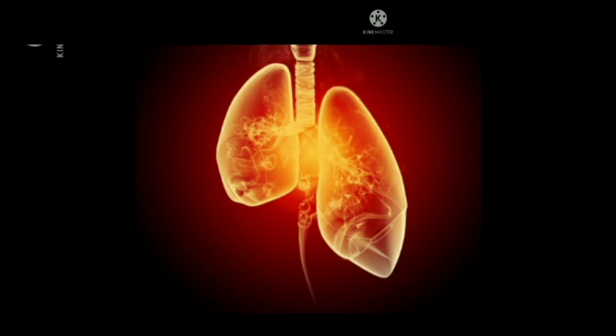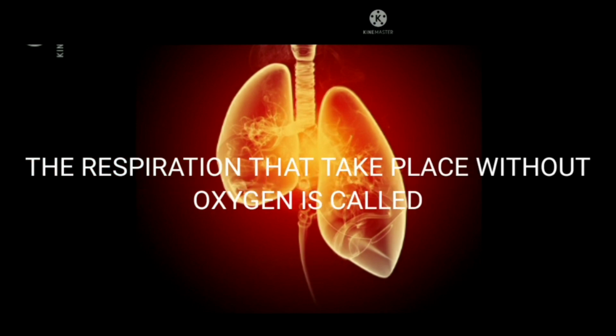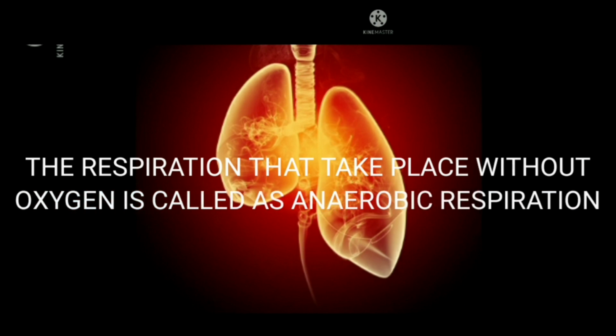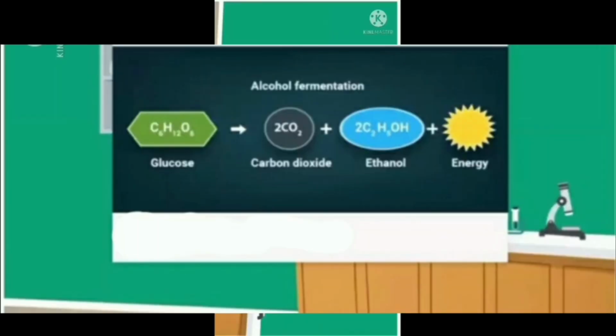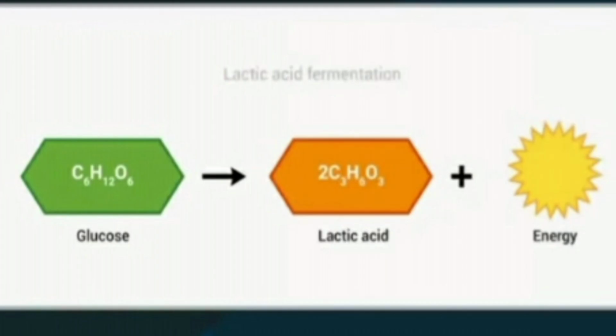Respiration carried out by organisms without oxygen is known as anaerobic respiration. The anaerobic respiration that takes place inside cells can be given by the following word equation. The anaerobic respiration that takes place within animal cells is given in the equation below.